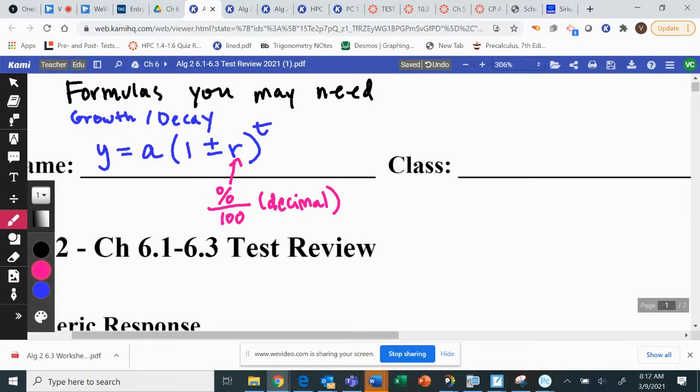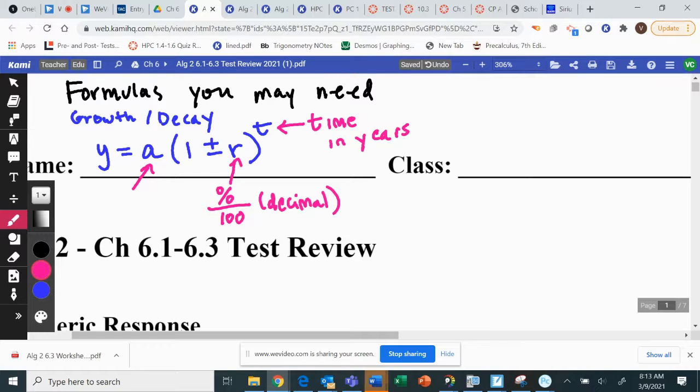You remember what t is? What kind of time, though? It's years. Usually it's years. These are all going to be years. And a is the amount. Is it the starting amount or the ending amount?